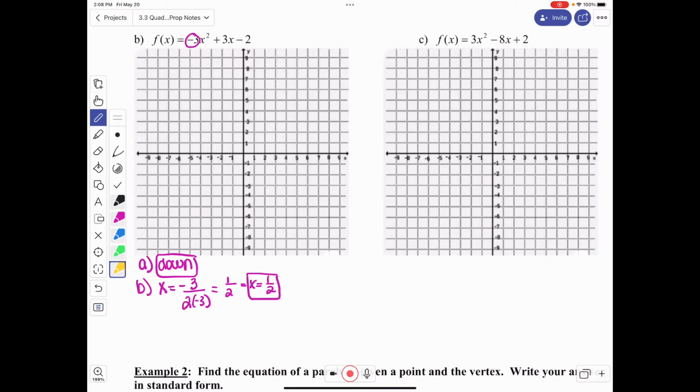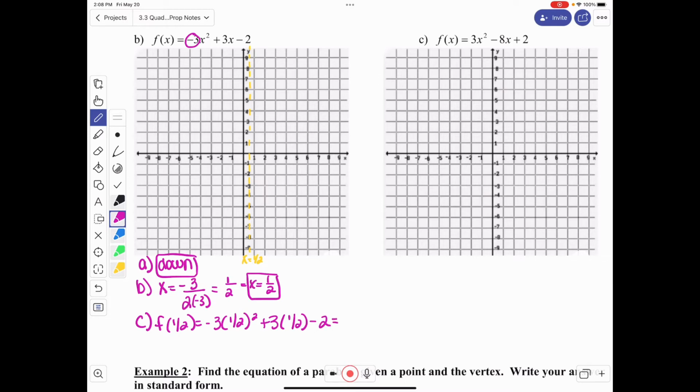And if I draw my dotted line here, I know that that's my symmetry, x equals 1/2. Then for part C, to get my vertex, I'm going to plug in 1/2. So negative 3 times 1/2 squared plus 3 times 1/2 minus 2.